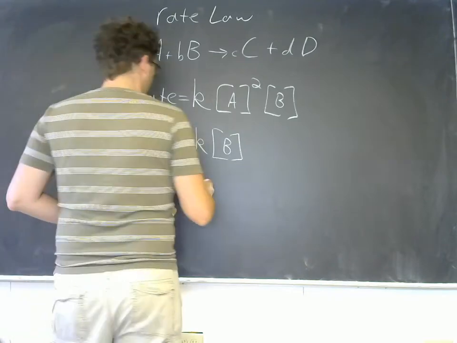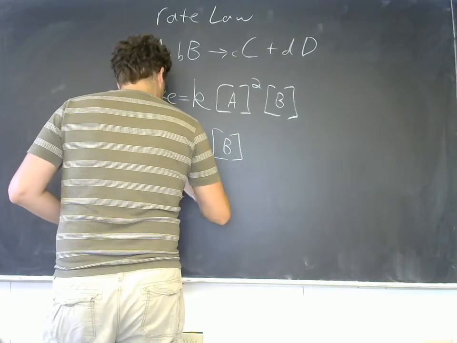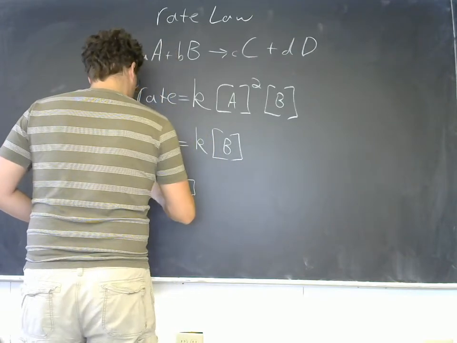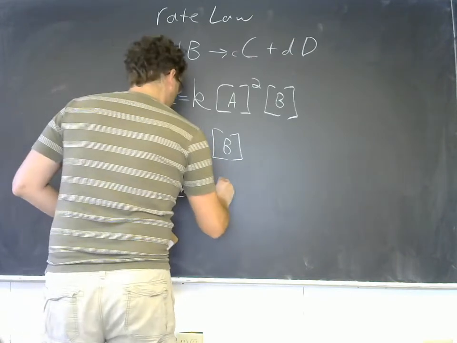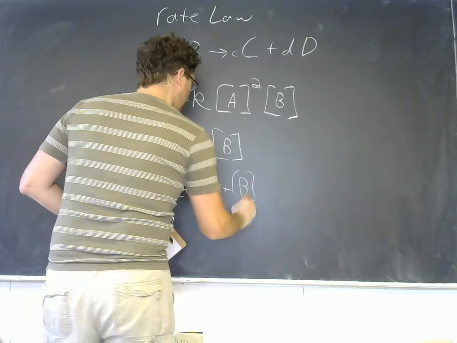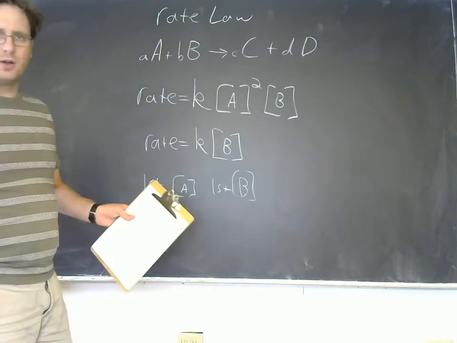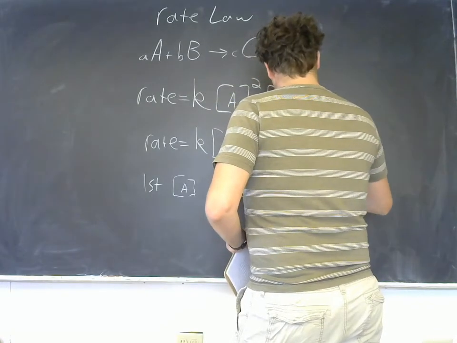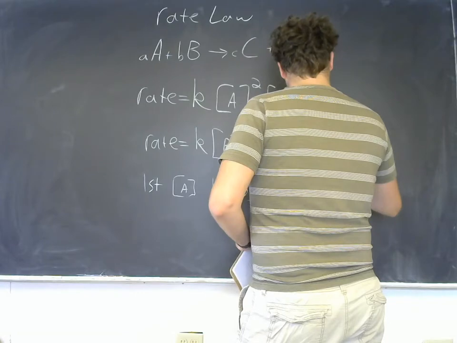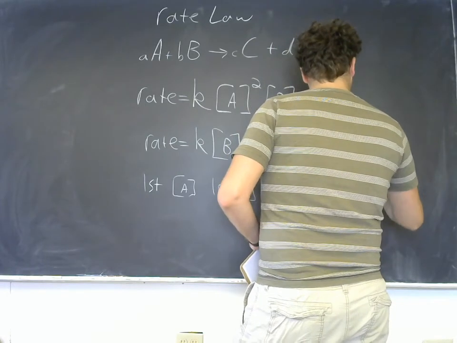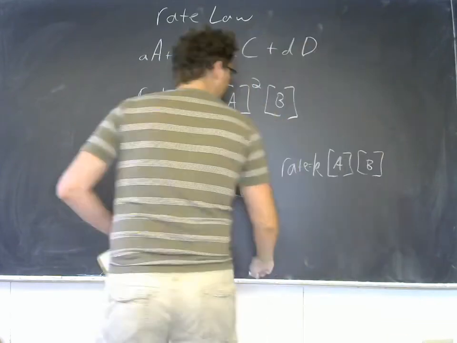And then what if I have 1st order with respect to A, and 1st order with respect to B? How would that rate law look? Well, the rate would equal k times A raised to the 1st power times B raised to the 1st power.